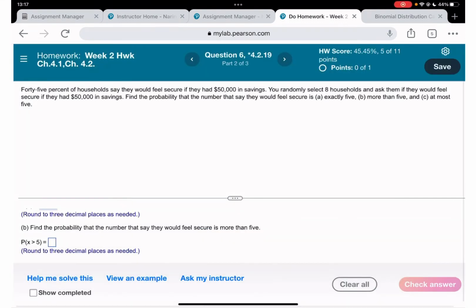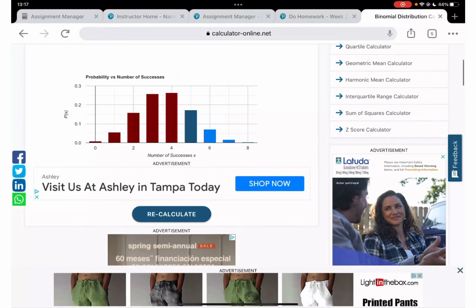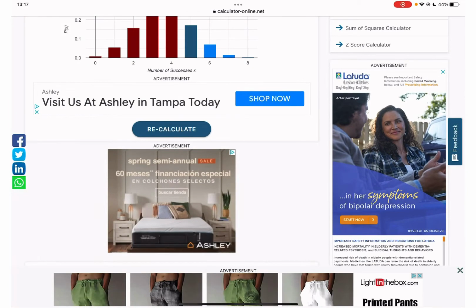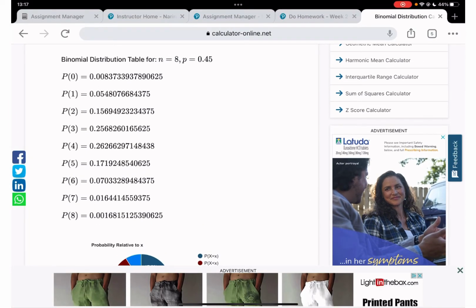Fantastic. Next we need to find the probability that the number that say they would feel secure is more than 5. So here we have more than 5. We totally had 8, so it's going to be 6, 7, 8. I'm going to write this down on a piece of paper, rounding to 3 digits because they require only 3 digits.